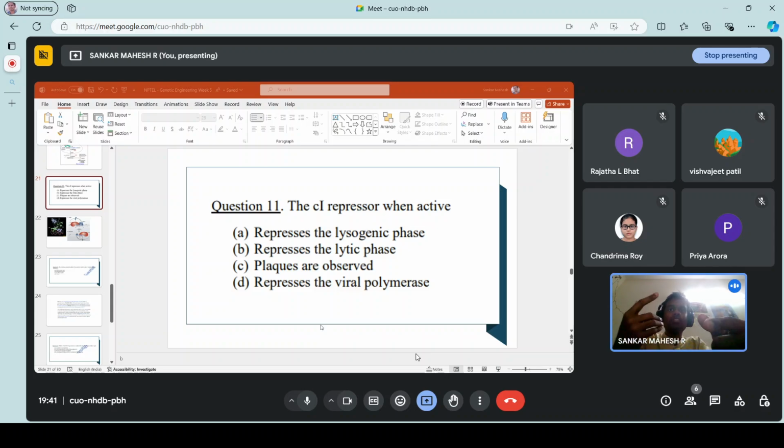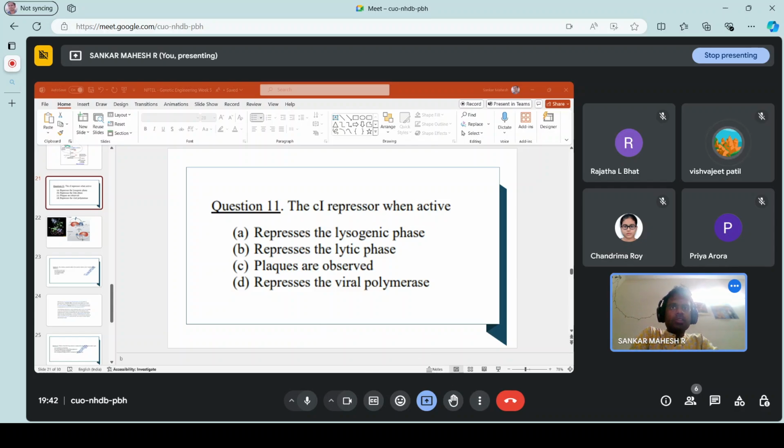When this production of proteins is happening, the bacterial cell is intact. There is no issue with it. After some time, it will produce enough proteins to make multiple copies of the virus itself. Now, this stage where it is producing these multiple copies of virus is called the lysogenic phase. Once it produces multiple copies of this virus, now these viruses can infect other bacterial cells. That is when the cell will break down, releasing multiple viruses. That is called the lytic phase. Is that clear?